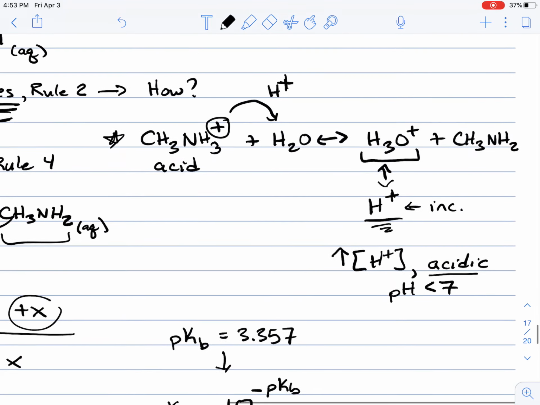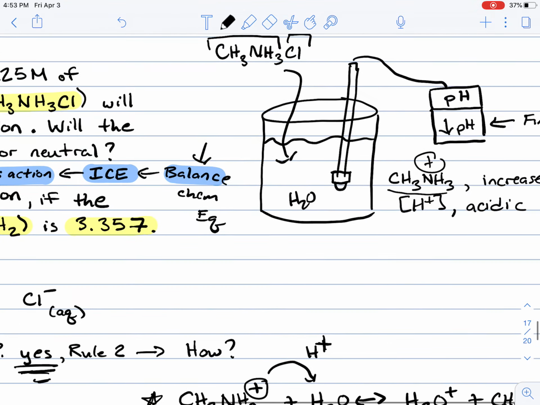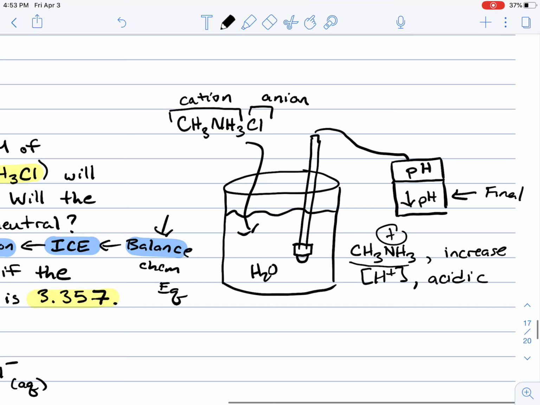If we look back at our drawing, notice that we predicted that the solution is going to be acidic, and now we've quantified the actual value as 5.772.